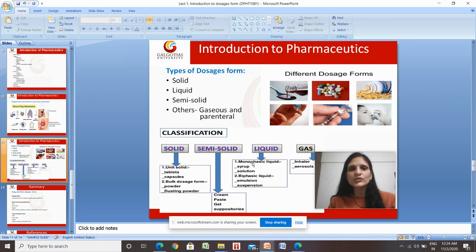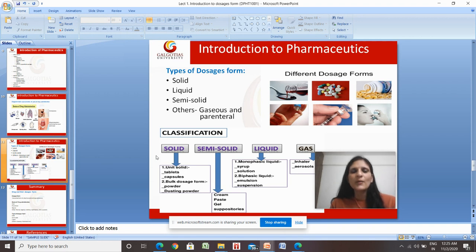These dosage forms are also known as true solutions, for example, syrup, solutions, elixirs, mouthwash, and for use on skin, lotions, liniments, etc. Biphasic means two layer system or two phase system, and both phases are immiscible to each other, like oil and water. For example, emulsion preparation and suspension preparation. Fourth one is gaseous dosage form. Gaseous dosage form includes inhalers and aerosol.